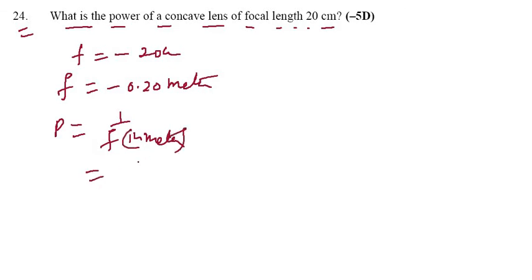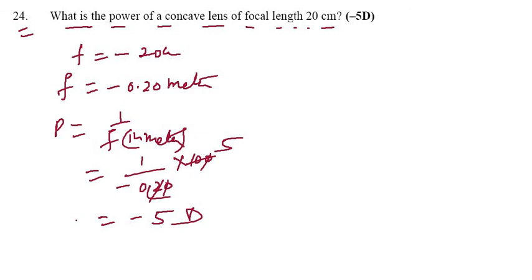Now put the value: 1 upon minus 0.20. Now remove the point, here is the 100, so 0 will be cancelled out. So 5 1 times is 5, next 2 1 times is 2, 2 5 times is 10. So that is minus 5 D. D is the unit, diopter. So that one is your answer.